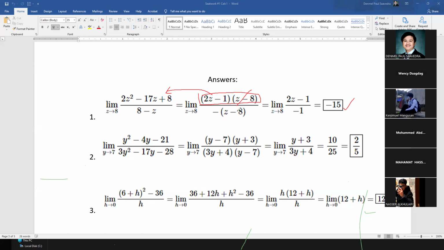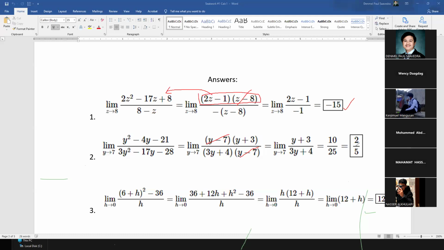Once we have this format, we can cancel out y minus 7, retaining y plus 3 over 3y plus 4. Substituting 7 for y, that gives us 10 over 25, or 2 over 5.